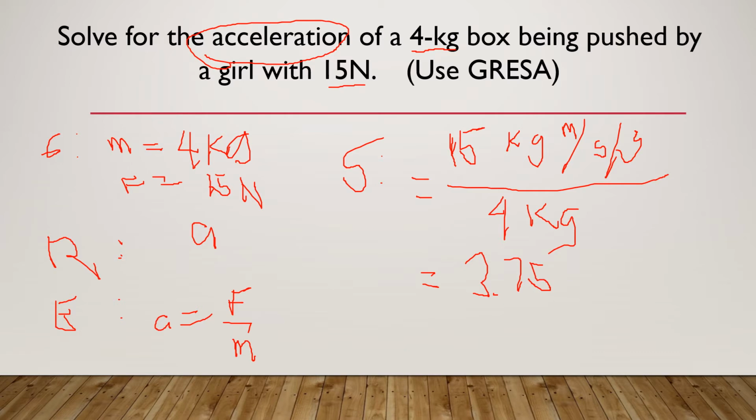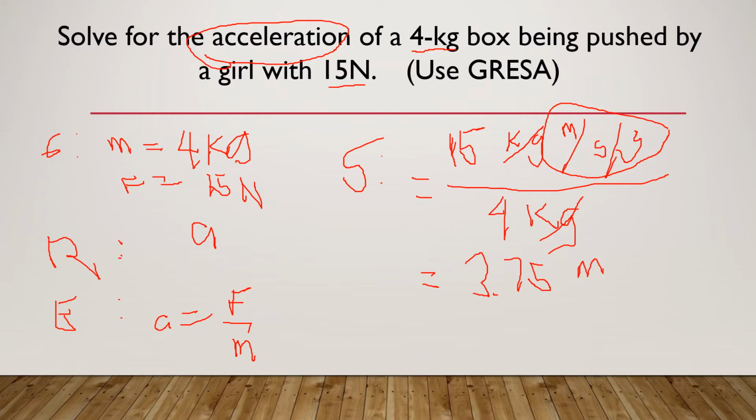Now, you will notice that the units here of mass are 2. Here we have kilogram and another kilogram. So you just need to cancel the units that are the same. So what are the units that are left here? We have meter per second squared.